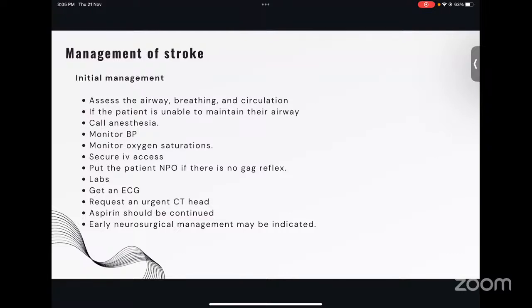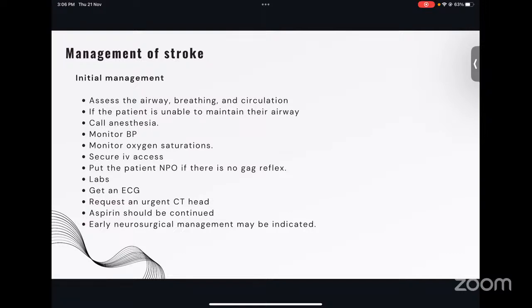Monitor the blood pressure, but do not attempt to correct the high pressure, as it is crucial for adequate cerebral perfusion. Monitor the oxygen saturation. Make sure to secure IV access and give colloid if indicated.